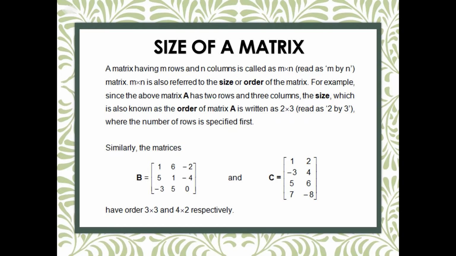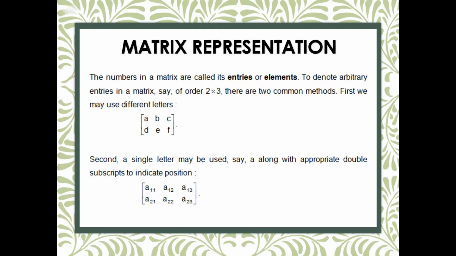Similarly, the matrices B and C have order of 3 by 3 and 4 by 2 respectively. The numbers in a matrix are called its entries or elements.